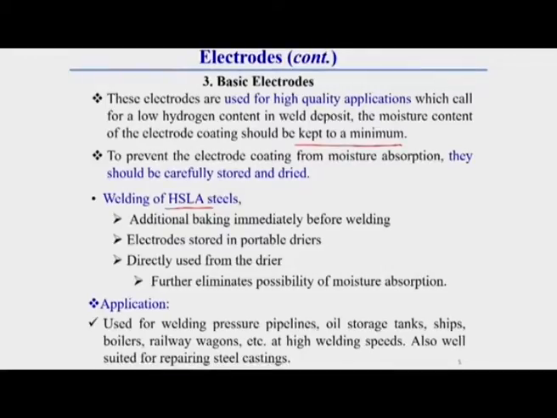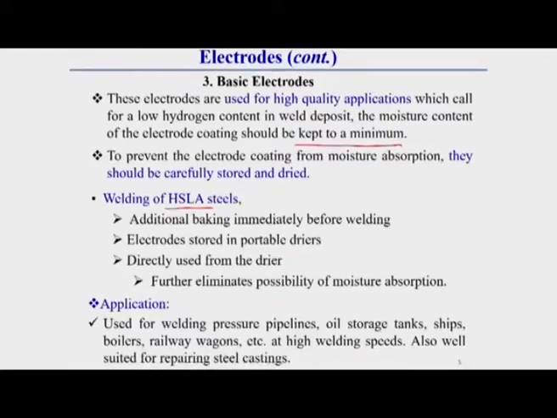Once you go for HSLA steel welding, generally basic type electrode is best suited for this. And when we use this basic electrode for welding these types of steel, additional baking immediately before welding is generally used.